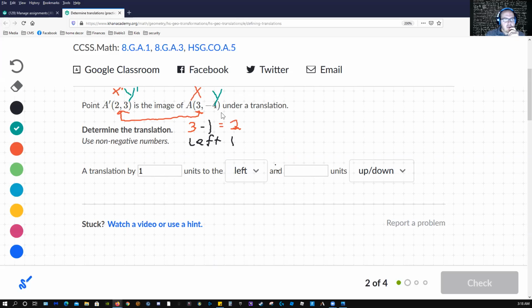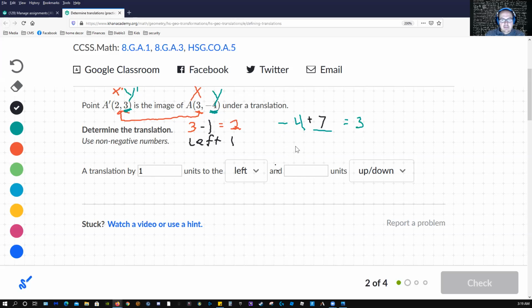Now our y value went from -4 to 3. So -4, and then something happened, and now we're at 3. From -4 to get to 3, we would have to add 7. Integer rules. I have to go up 4 just to get 0, and 3 more to get to 3, so that's 7.